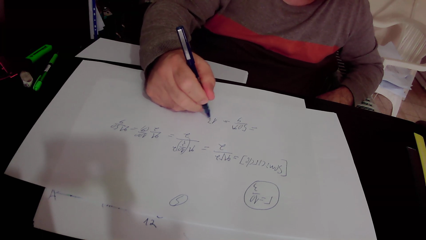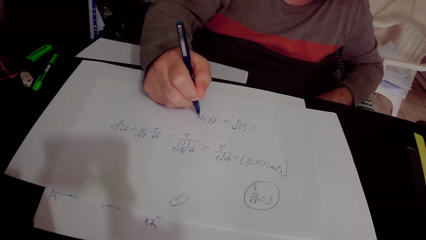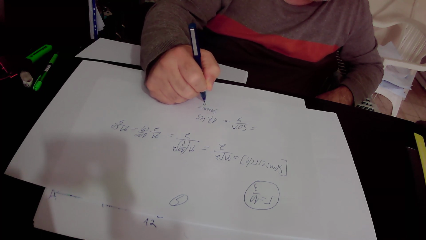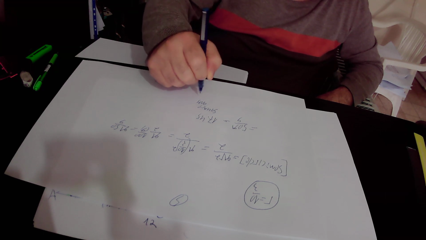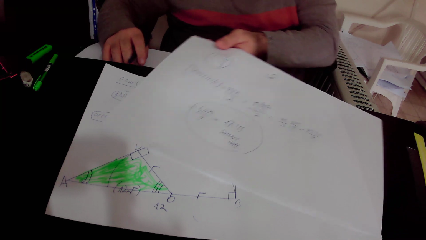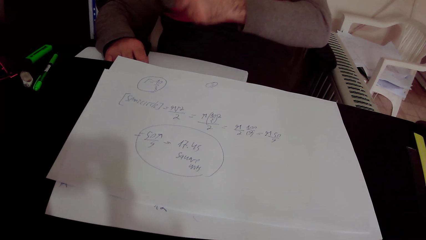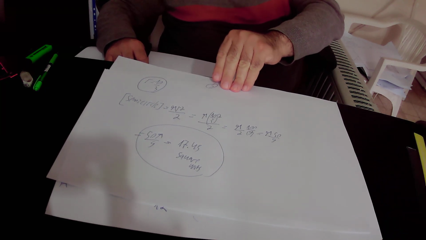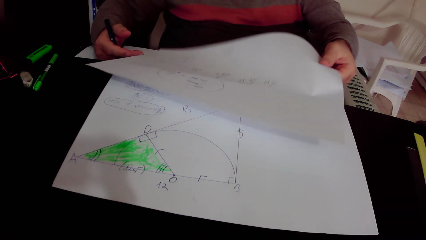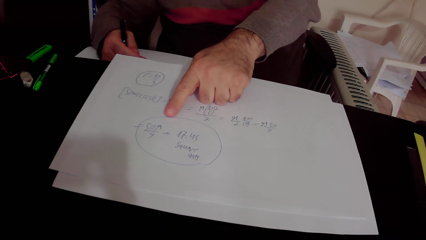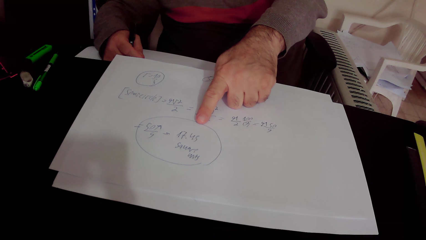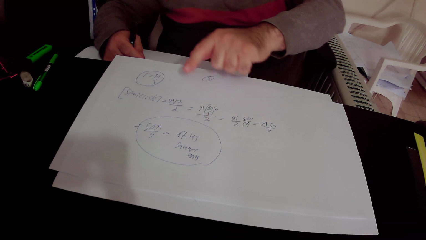or in terms of numbers, it equals 17.45 square units. So I repeat again, we actually found out that the area of this semicircle equals either 50 pi over 9 square units, or in terms of numbers, it equals 17.45 square units.